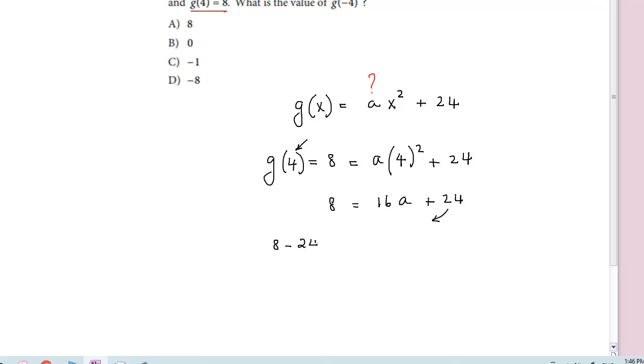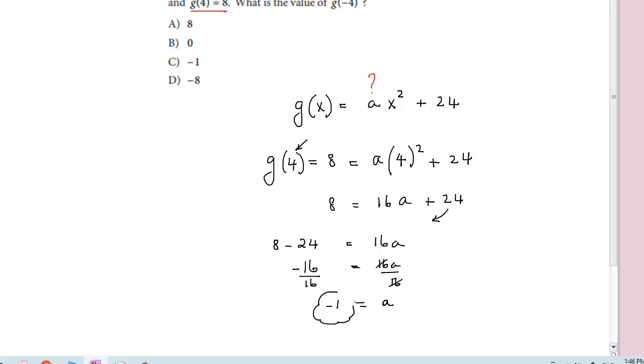So it's going to be 8 minus 24 equals 16a. 8 minus 24, that means the 24 is going to lose 8, so it's going to be 16 and negative. So negative 16 equals 16a. Now to isolate the a, I divide by 16 from both sides. 16 will cancel 16, so a equals -1.